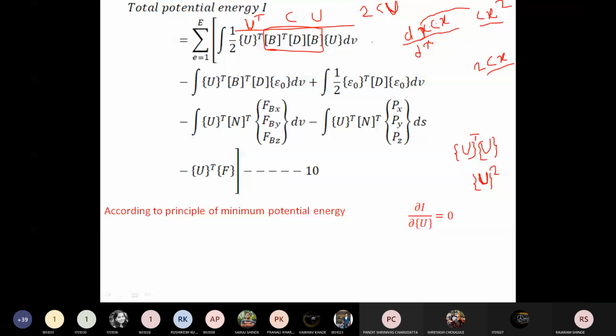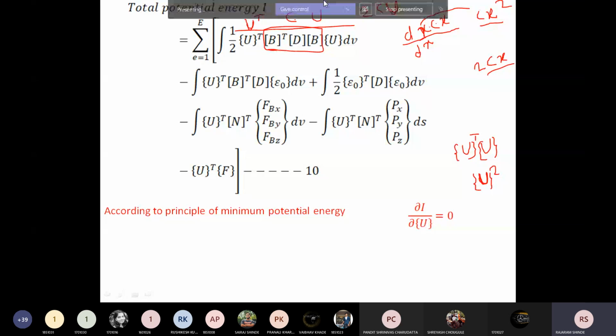Here it is not a complicated thing, it is very simple. The middle term, which I have bordered in a rectangle, that is B transpose D B, is a constant term. Now it is the product of u transpose constant into u. It is the same as u square into one constant.